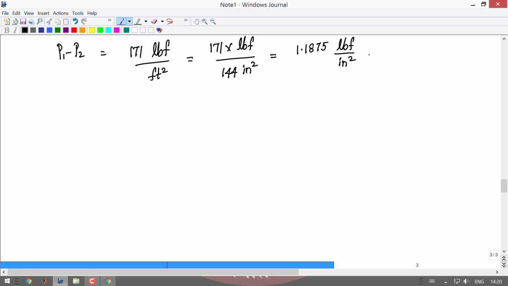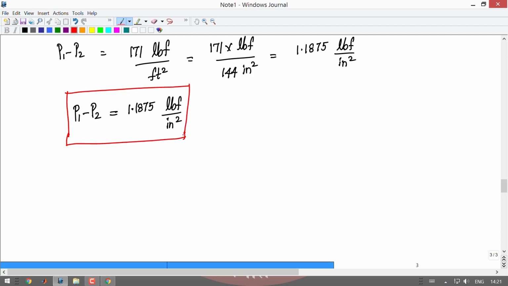So, the pressure difference P1 minus P2 that we are supposed to calculate is 1.1875 LB force per inch square. This is the final answer.